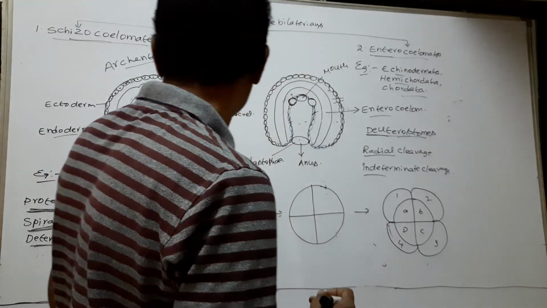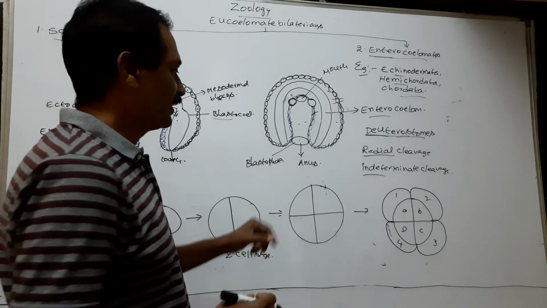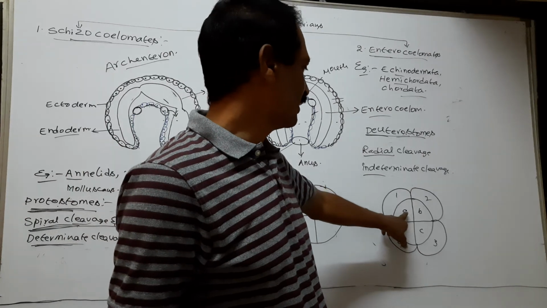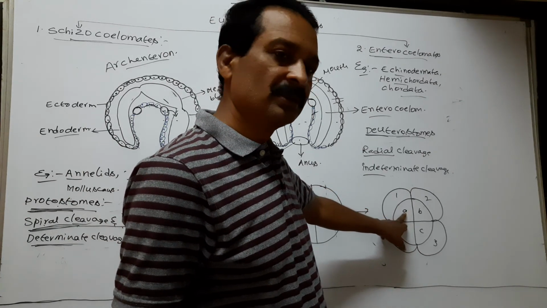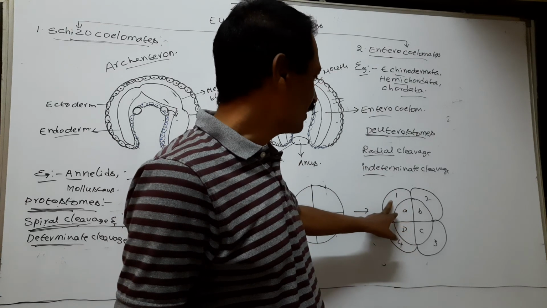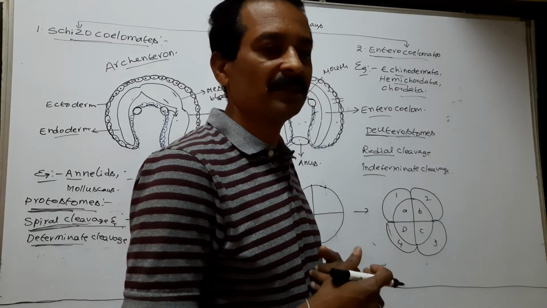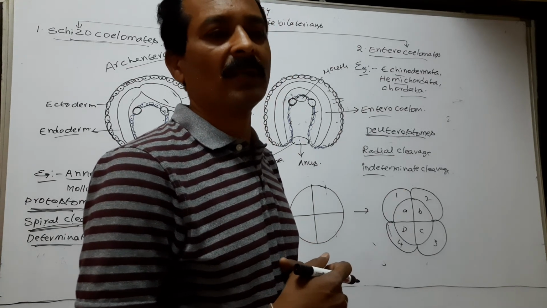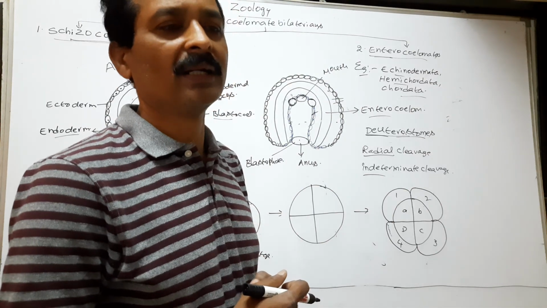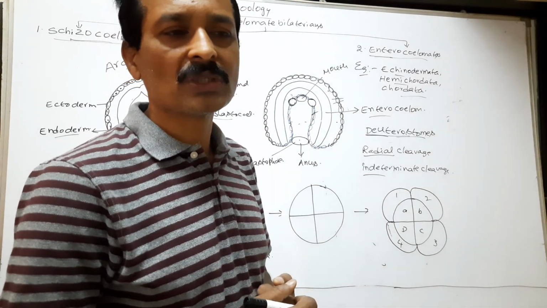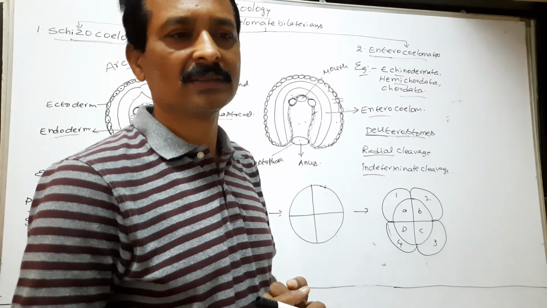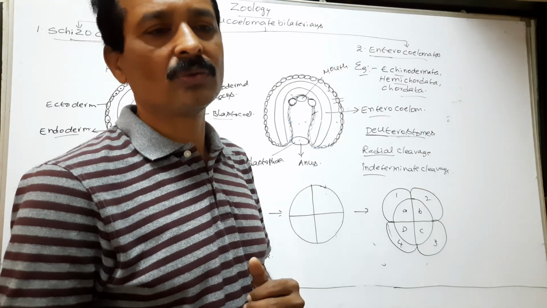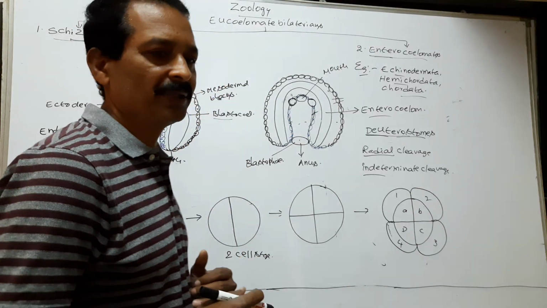So this is radial symmetry. In the radial symmetry, the cells in the upper tier are directly arranged above the cells in the lower tier, resulting in radial symmetry around the pole to pole axis of the embryo.